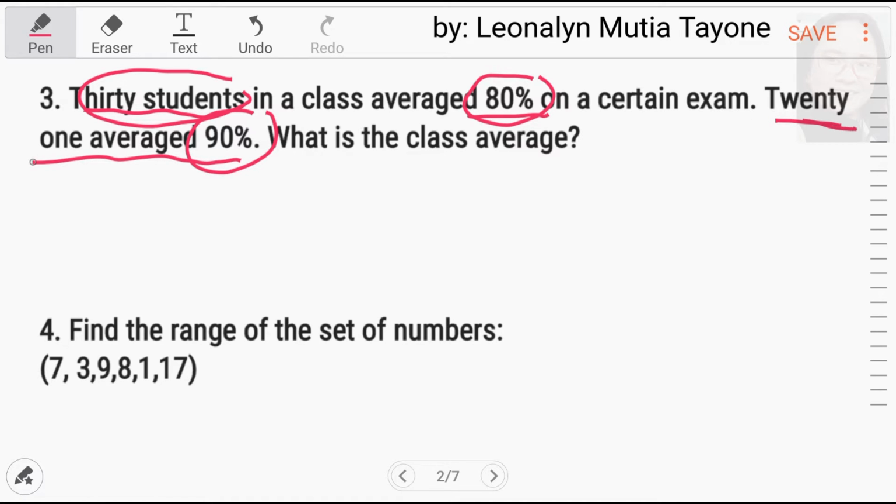Next, 21 students, all of them with 90 each. Meaning, 30 students times 80%. We can write it as 0.8 or just 80%. 30 times 80%, we'll just ignore the percent for now. So 30 times 80 is 2,400.